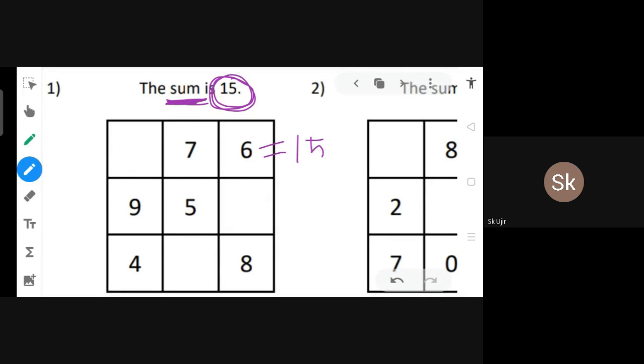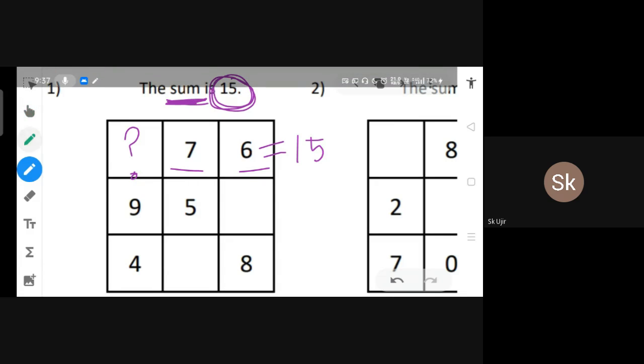Suppose I'm explaining the first one. How will the answer be 15? Which number will I put here so that the answer of all three becomes 15? Already there are 6 and 7, so 6 plus 7, how many? 13.